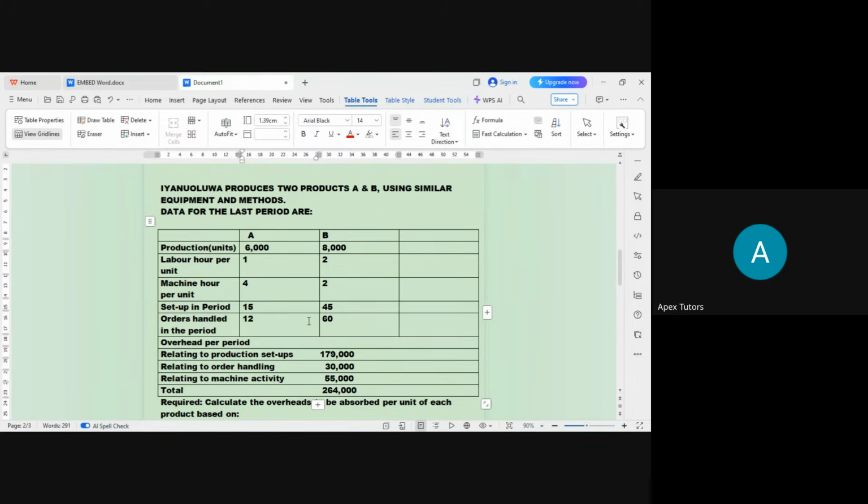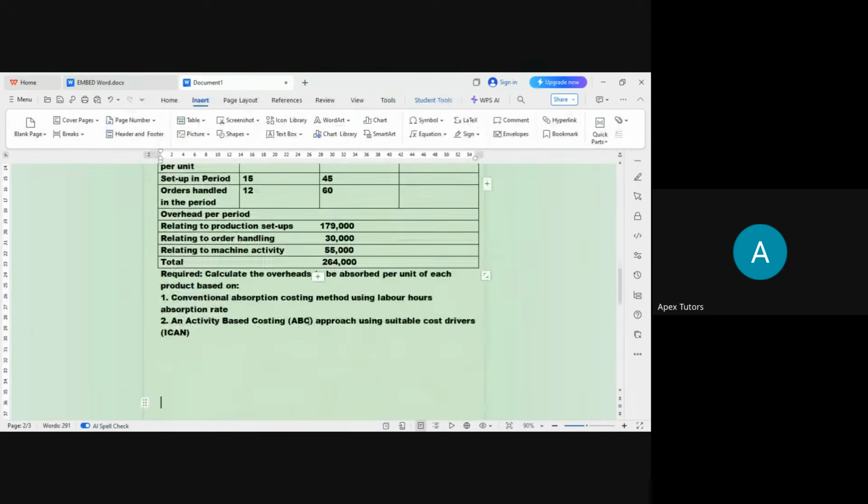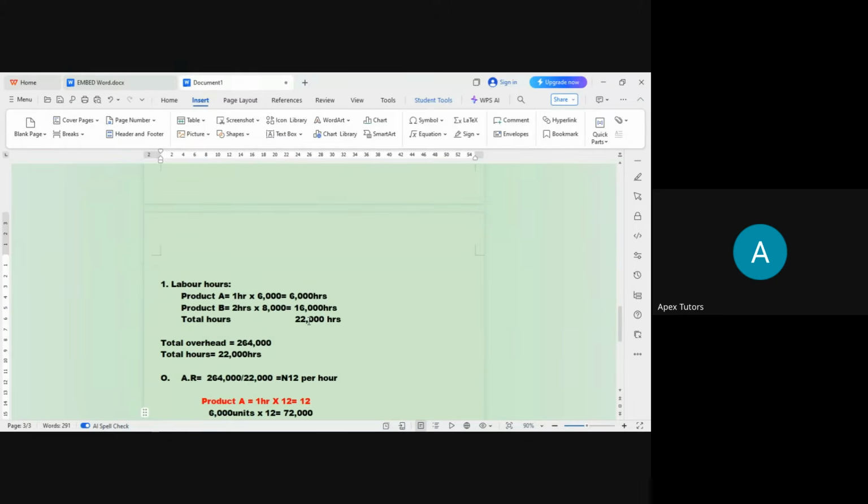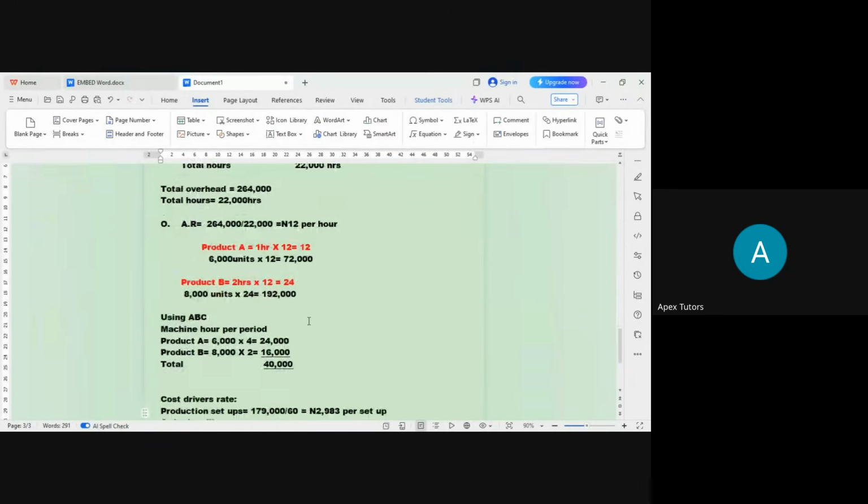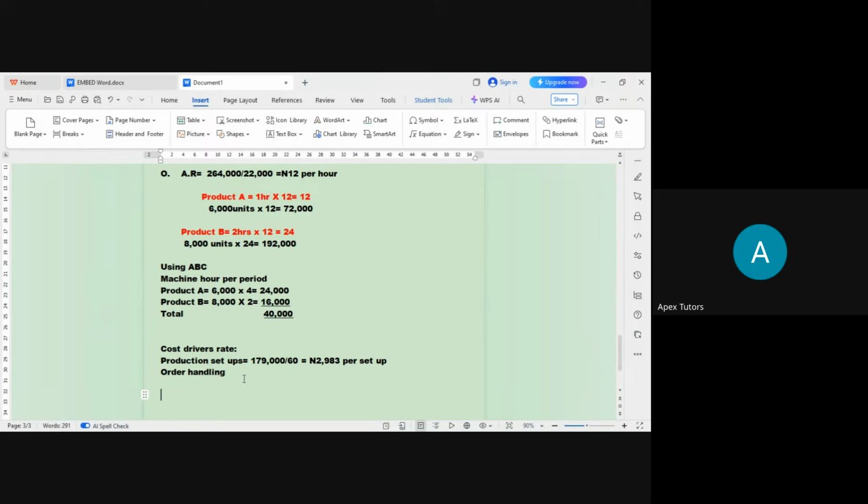Now, what is the total orders in the period? 60 plus 12 is what? 72. So, based on this, order handling, the value in the question is what? 30,000. Now, how much are you paying per order?